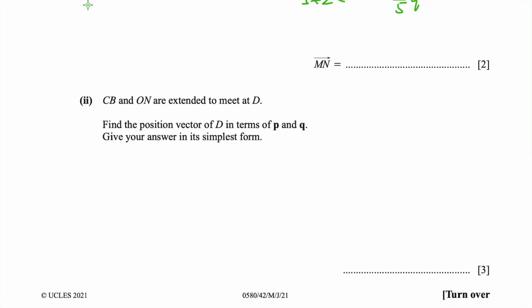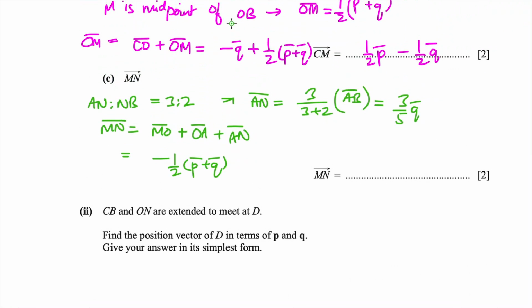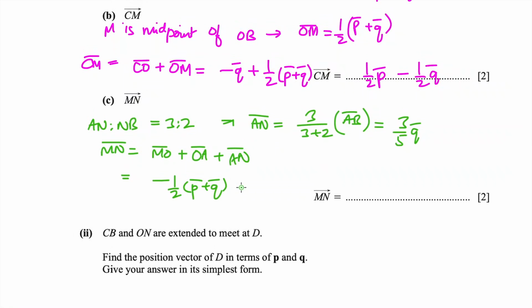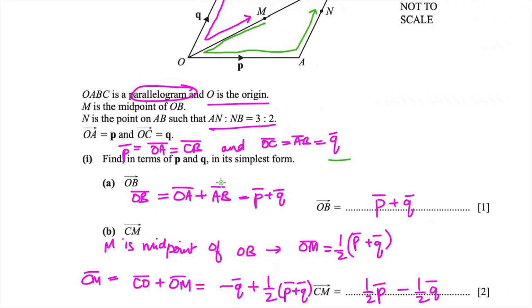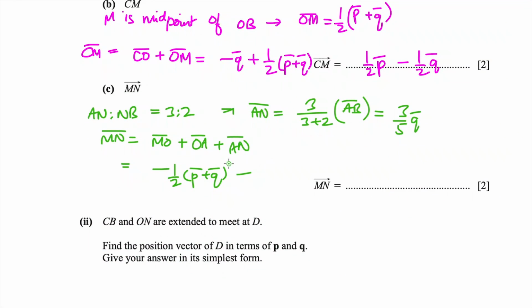MN bar is equal to MO plus OA plus AN bar, and MO is nothing but negative half of P plus Q, because OM is half of P plus Q, and OA bar is the negative of P. So OA bar is P, this is plus P, and AN bar is 3 by 5 into Q bar.